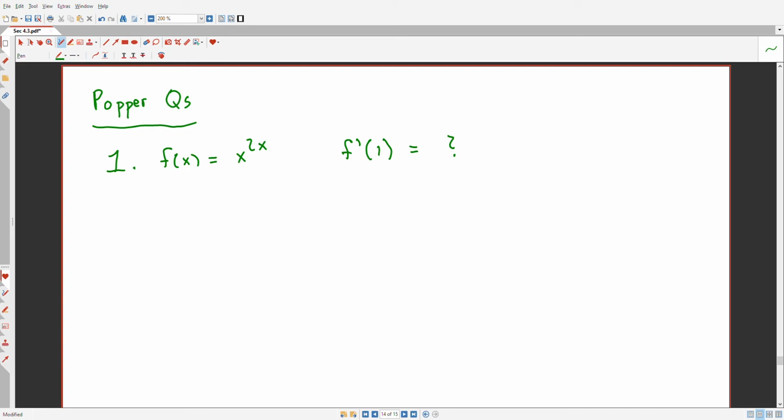Sorry, I had to do some scratch work to give myself some good answers here. Option A could be 0. Option B could be 1. Option C could be 2. Option D could be -1. And option E will be none of the above.